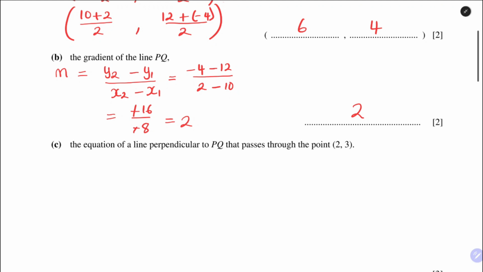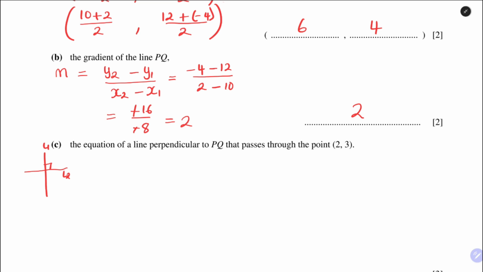Now we've been asked to find the equation of a line perpendicular to PQ that passes through the point 2, 3. Please note that when two lines are perpendicular, it means that one line intersects the other at right angles. So there is a 90-degree angle between the two lines, say this is line 1 and this is line 2.